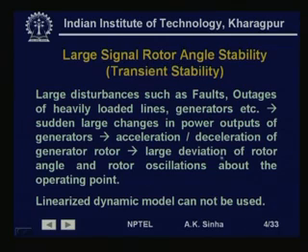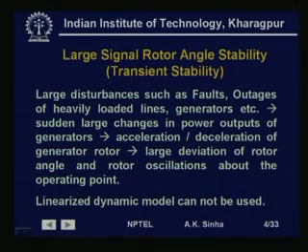Here this is not possible because we have large deviations which take place in the system when large disturbances occur, which means that the linearization of the electrical power characteristics, that is P is equal to P max sine delta, is no longer feasible, and we have to work with the nonlinear swing equation.